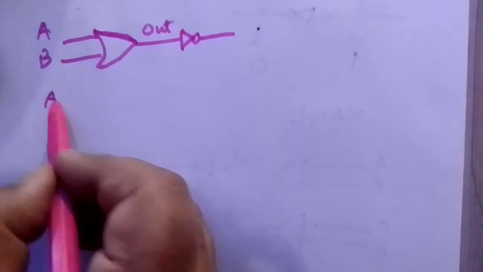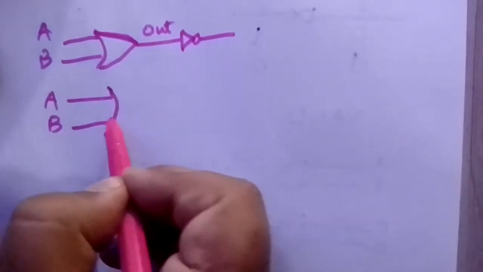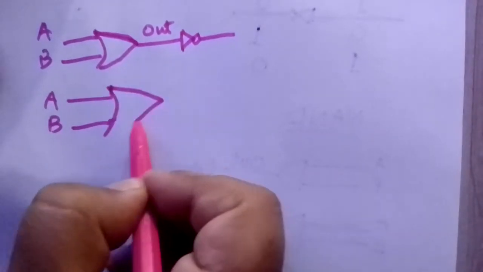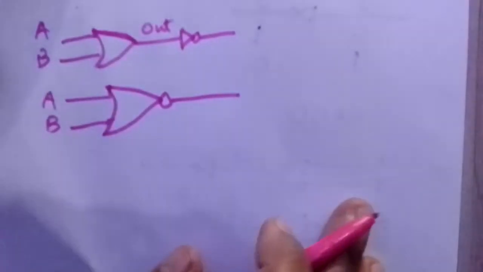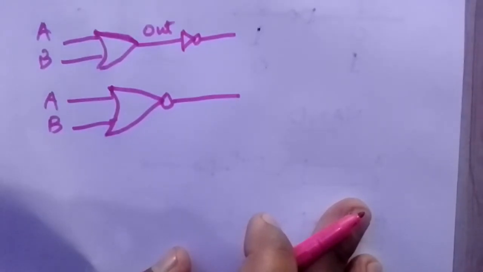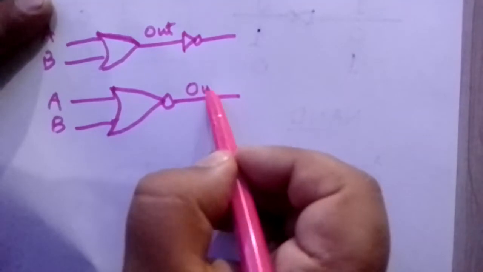Okay, let us see the symbol of NOR gate. So it has two inputs and one output, and this is the symbol of digital NOR gate. Okay, OR gate followed by a small circle. Okay, and it has one output.